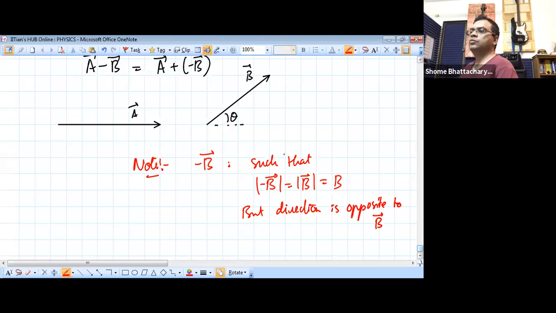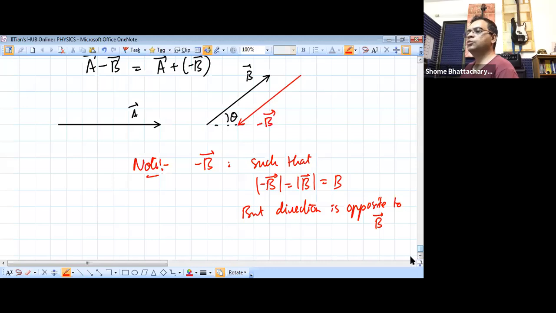Okay. So minus B is therefore this vector now. Minus B is this one.